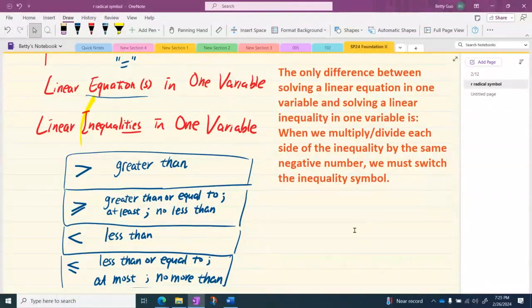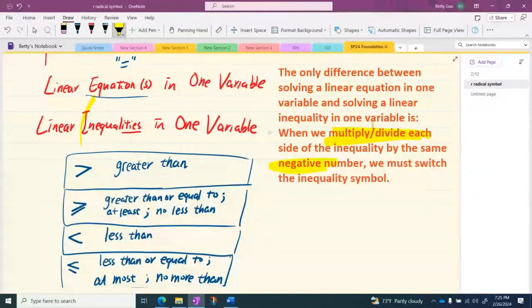When we multiply or divide each side of the inequality by the same negative number, we must switch the inequality symbol. So the keywords here: multiply, divide, and the same negative number.